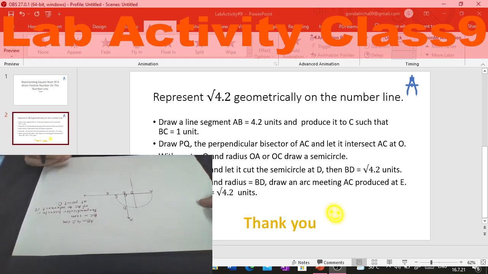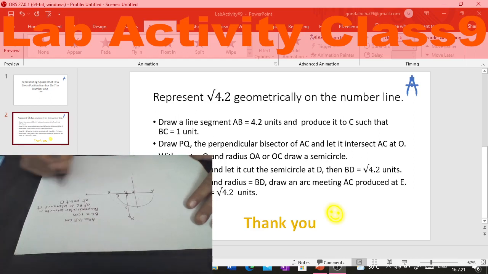After that, we have drawn the semicircle with O as center and radius OA or OC.